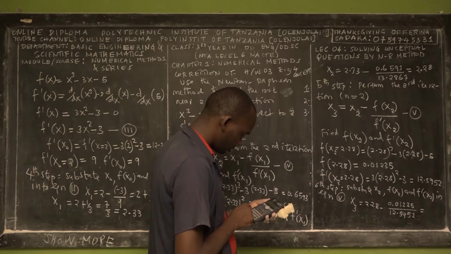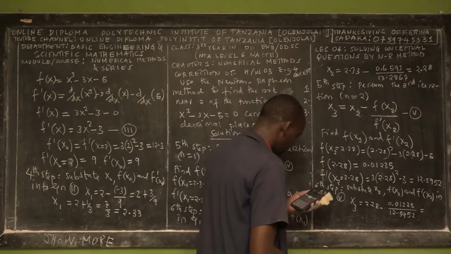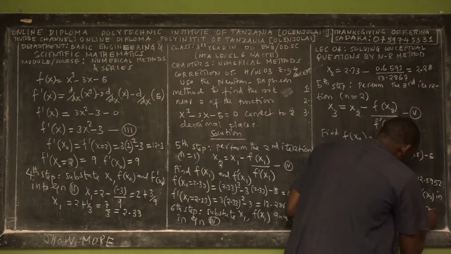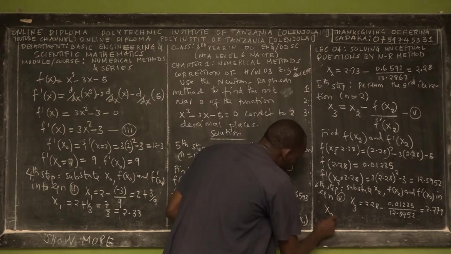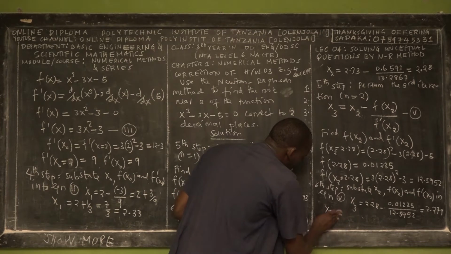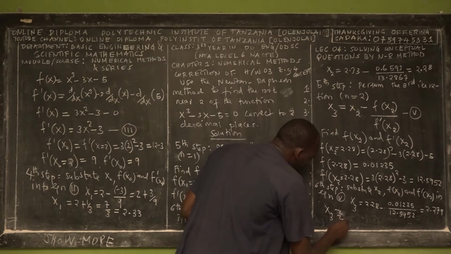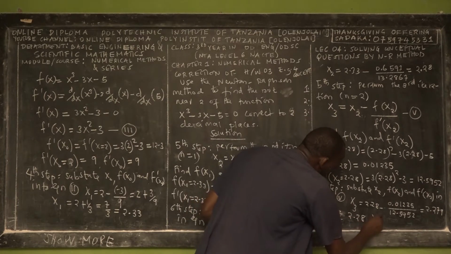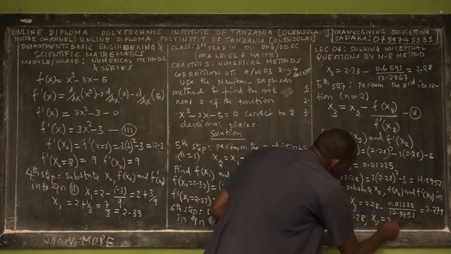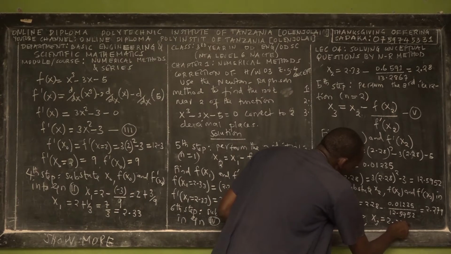Then you have 2.28 minus the response. So this will make your answer 2.279. But remember, the value of the root should be in 3 decimal places. So if you estimate now, you'll find that this is 2.28. Wonderful. So x3 is equal to 2.28.